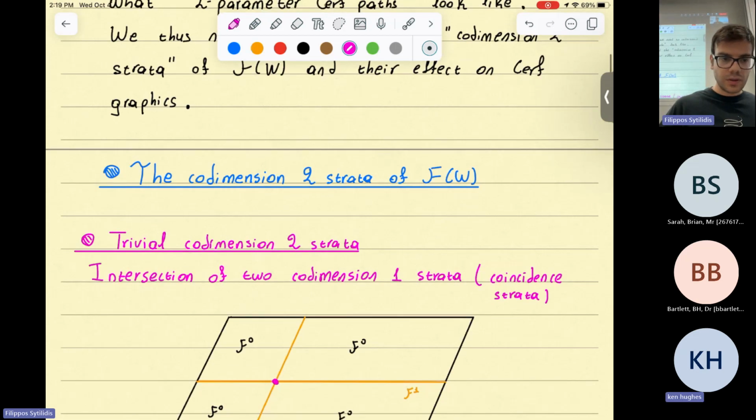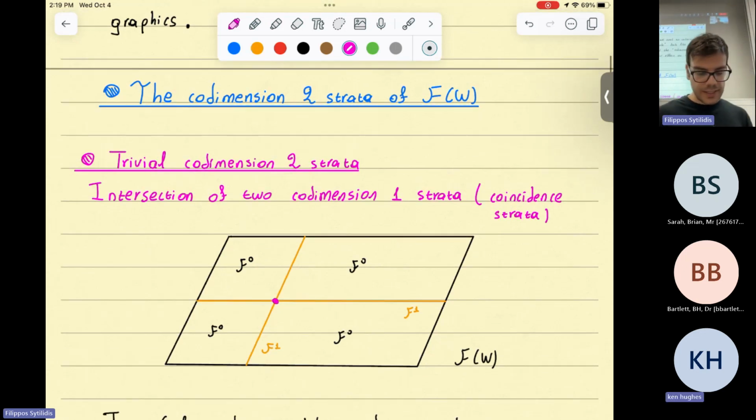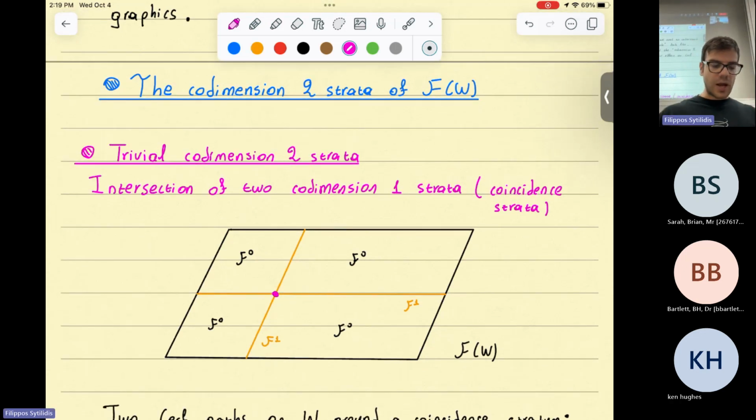So I will first start by telling you, I want to basically make a list of what the codimension 2 strata of the space of all smooth real valued functions on W look like.